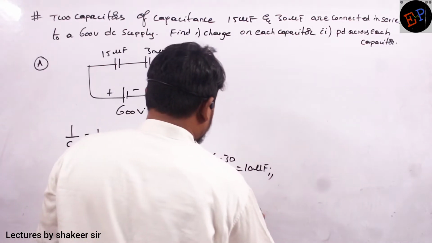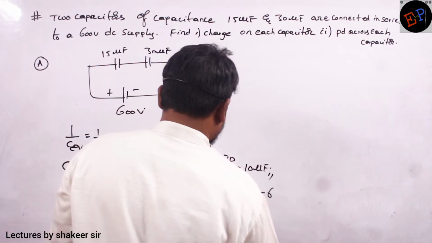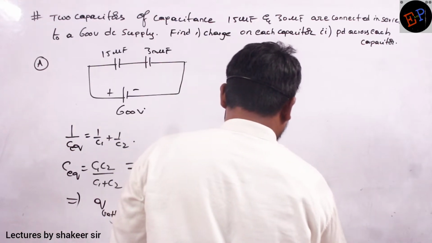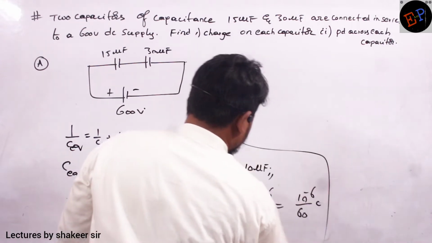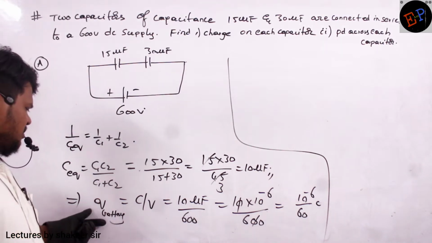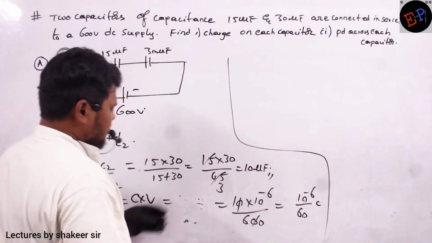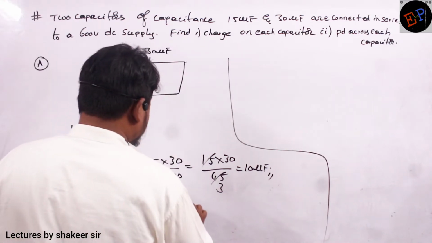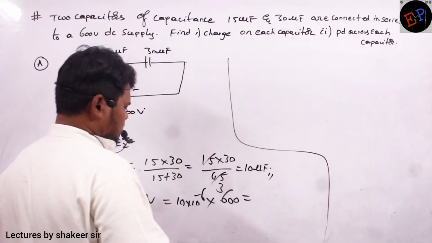So 10 into 10 power minus 6 multiplied by 600. The three zeros get cancelled.